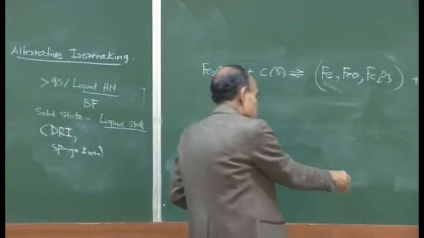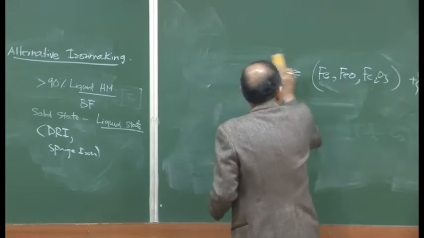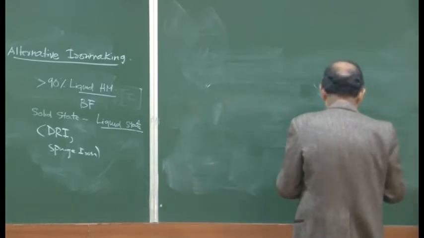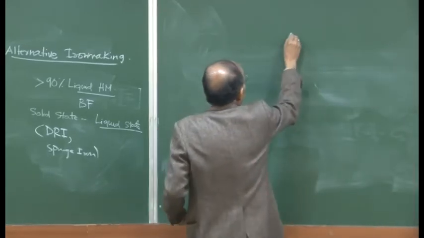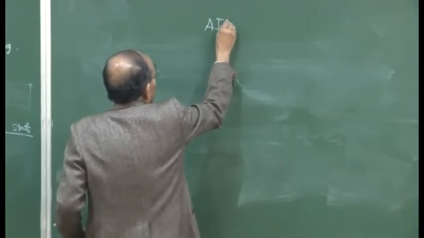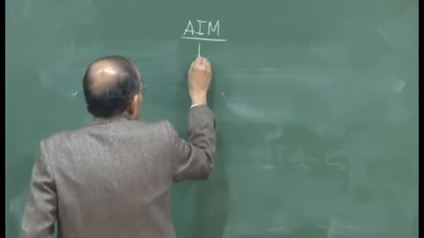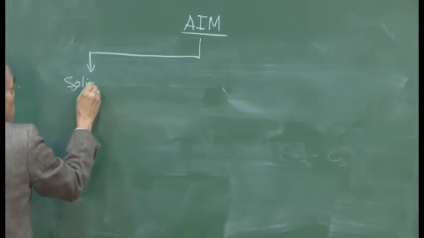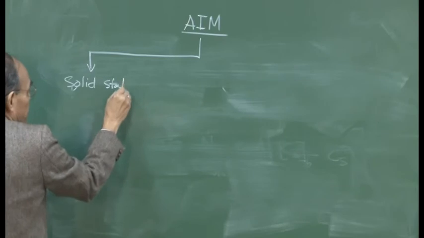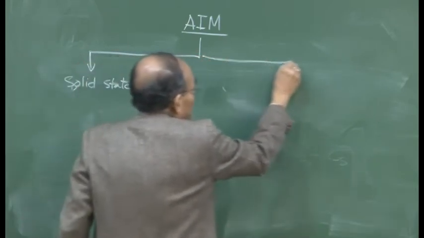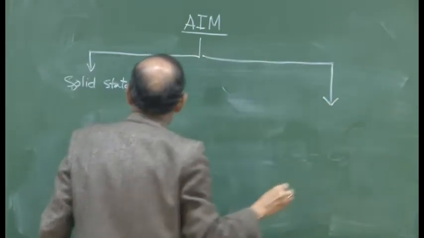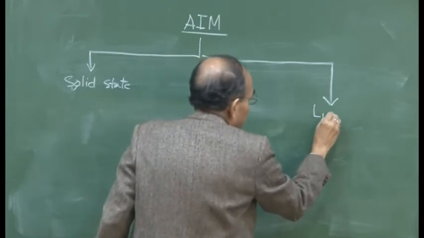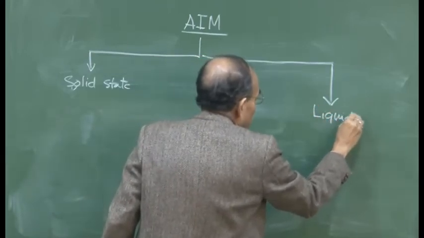So, I will summarize this by saying that if you want to have alternative iron making, AIM, then they are solid state, and the product of alternative iron making can also be iron in the liquid state.